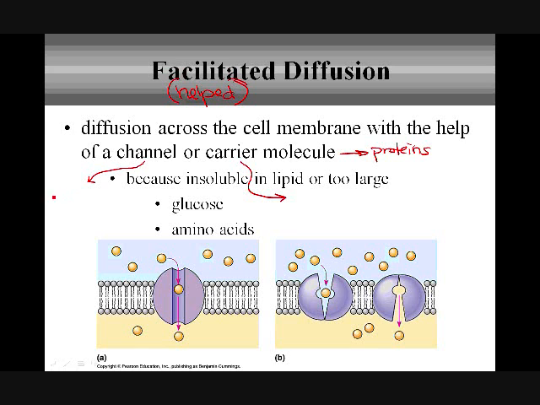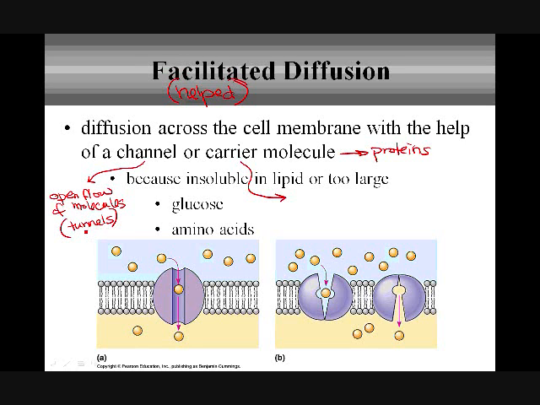With channels, we're really talking about open flow of the molecules, I guess. We can think of these as tunnels through the cell membrane, or like a back door, I think I referred to it as last year.